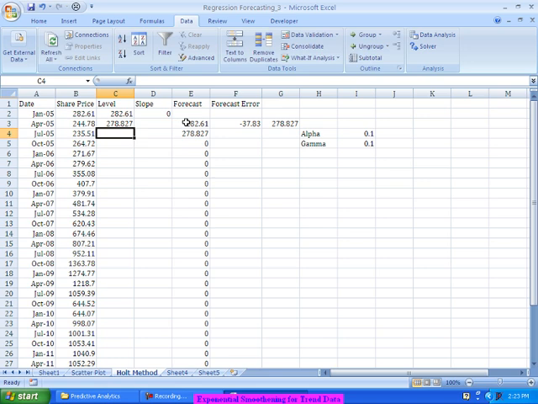Even this should lead you to the same 278.827. So you find the forecast error, revise your forecast based on the forecasting error, and based on that compute the updated value.